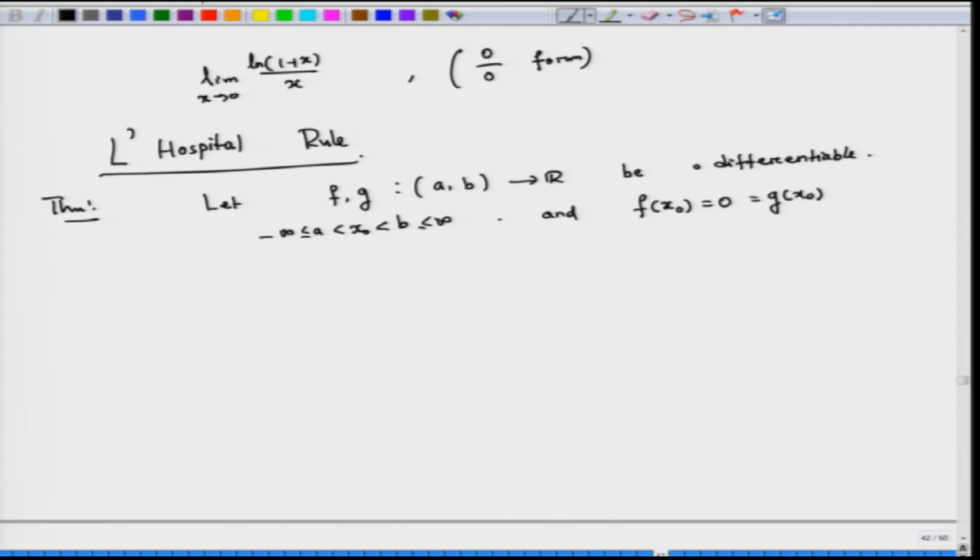In other words, f and g are differentiable functions, therefore in particular they are continuous functions. So, this f of x naught is nothing but the limit as x goes to x naught of f of x, and this is also equal to the limit as x goes to x naught of g of x.